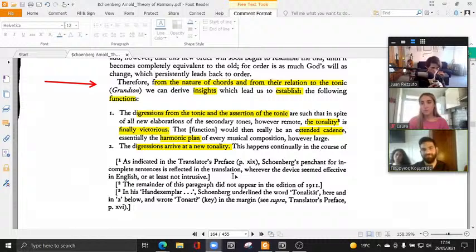Actually, I would stay just with the interval. Tonic, 5th, dominant, an equidistant distance; dominant, subdominant, an equidistant distance of a perfect 5th down.